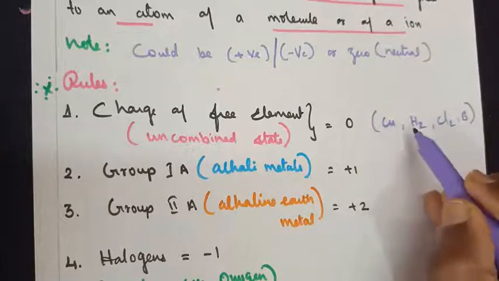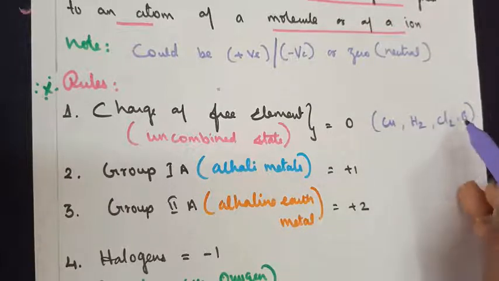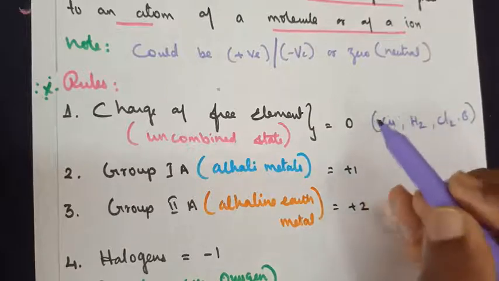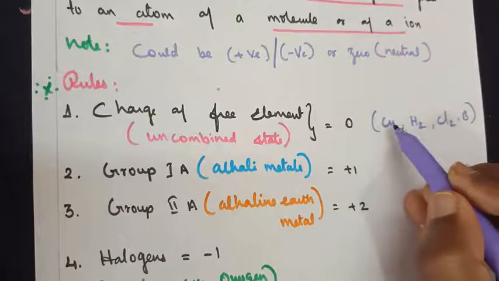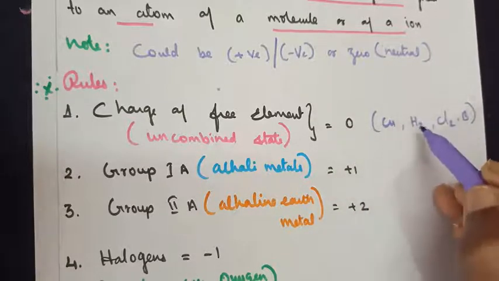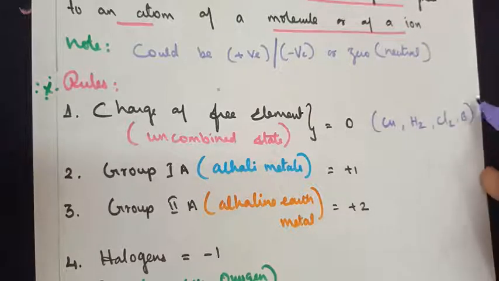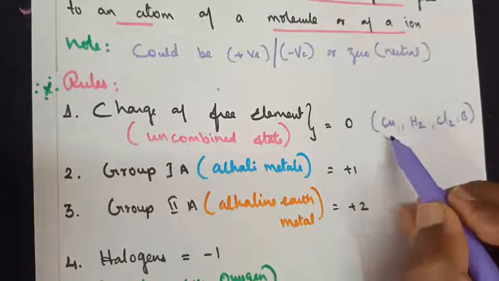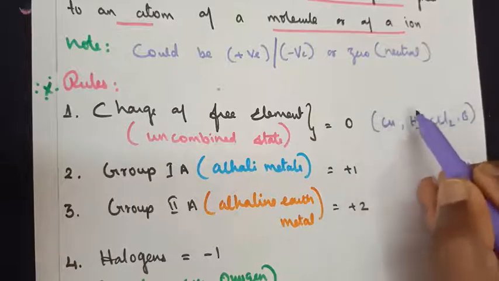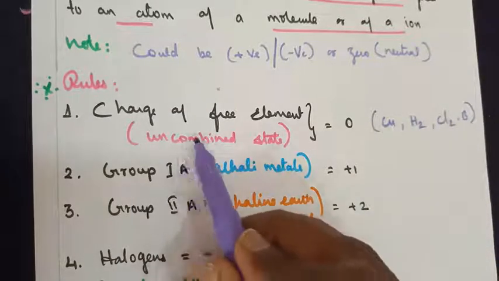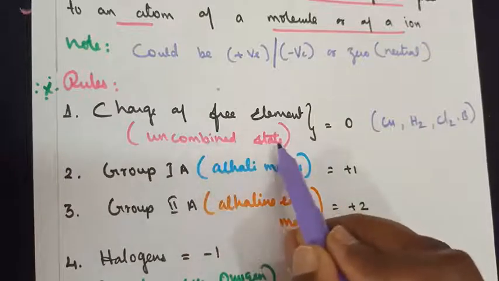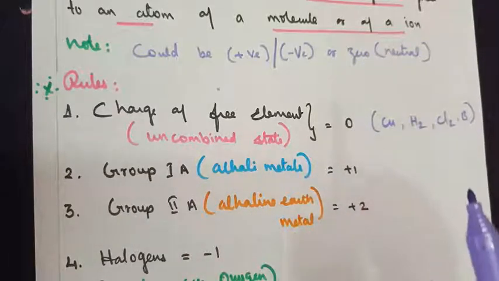These are in their elemental form of writing. So their charge is always equal to zero. I have not written copper sulfate or a water molecule or sodium chloride or boric acid. So they are existing in the pure form. Hence they are not combined with anybody. That's the meaning of uncombined state. Their charge is always zero.